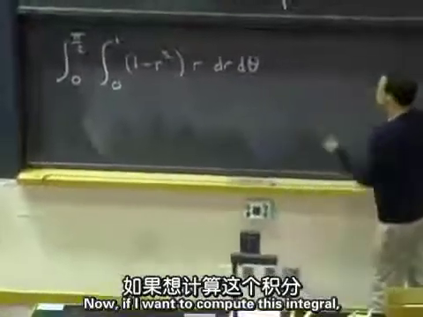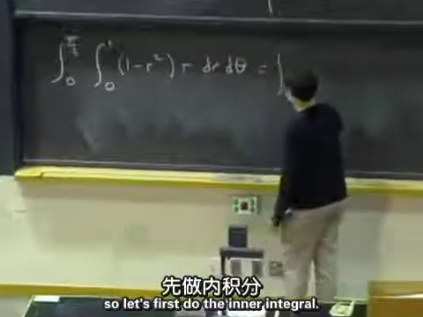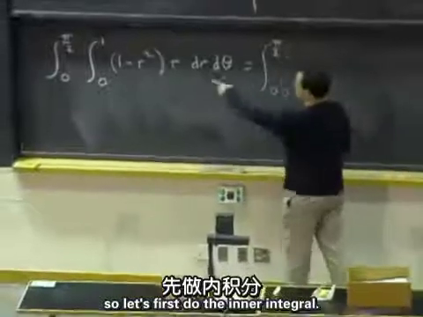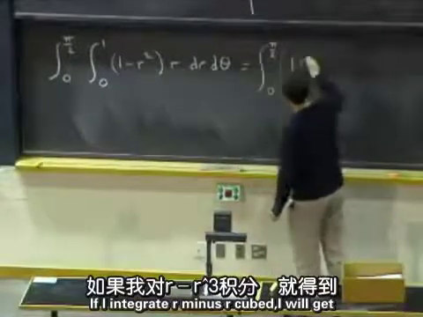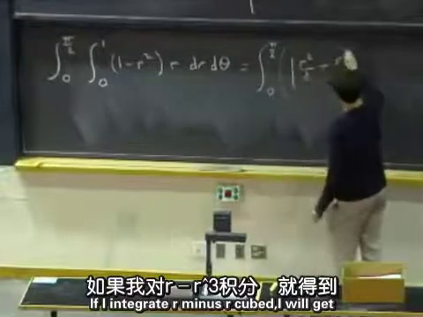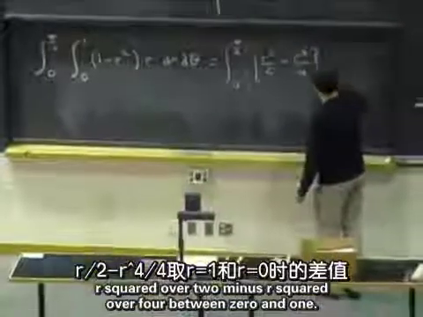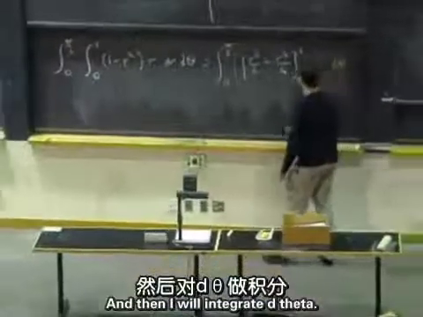Now, if I want to compute this integral, let's first do the inner integral. So if I integrate r minus r cubed, I will get r squared over 2 minus r to the 4 over 4 between 0 and 1. And then I will integrate d theta.